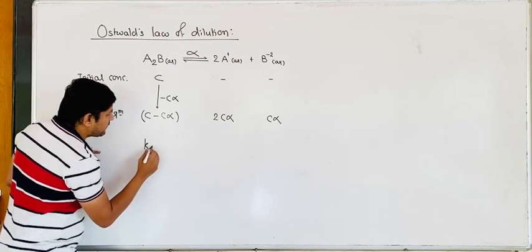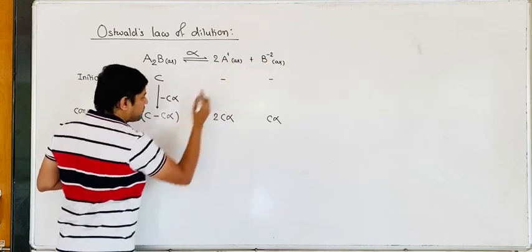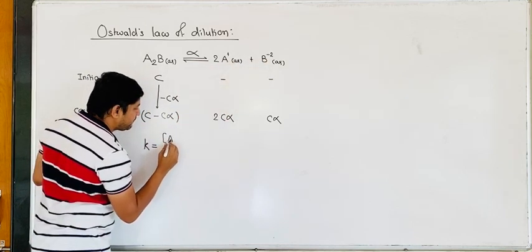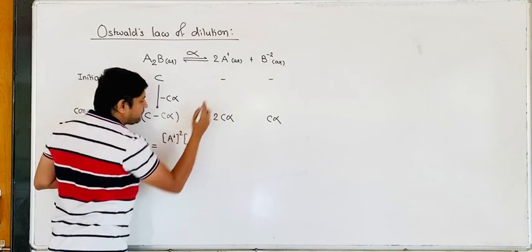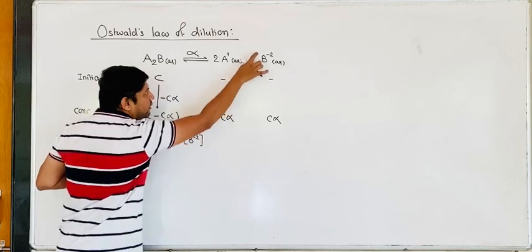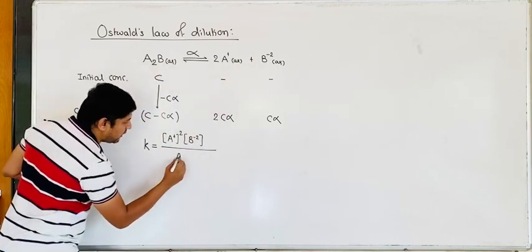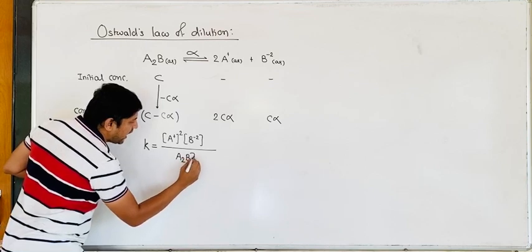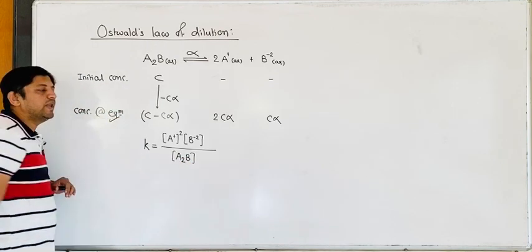Now equilibrium constant for this process is K is equal to concentrations of products, A+ raised to its stoichiometric coefficient, B minus 2 raised to its stoichiometric coefficient, divided by concentration of salt A2B, and all these concentrations correspond to equilibrium.